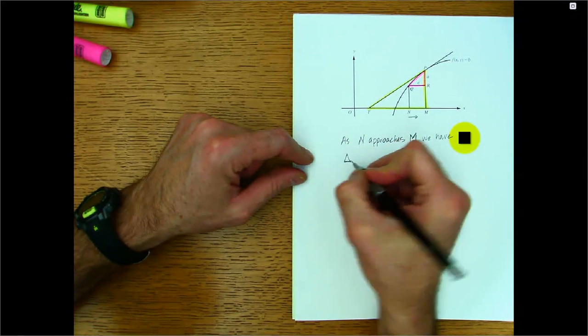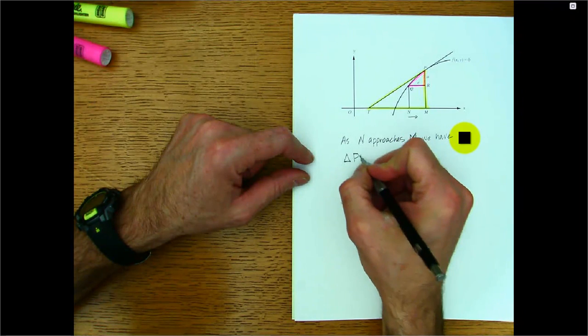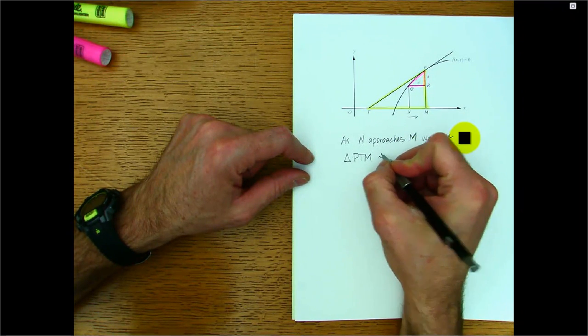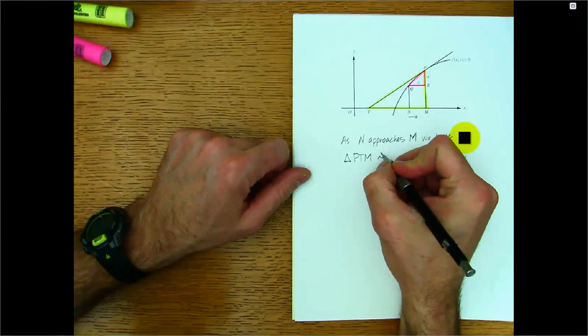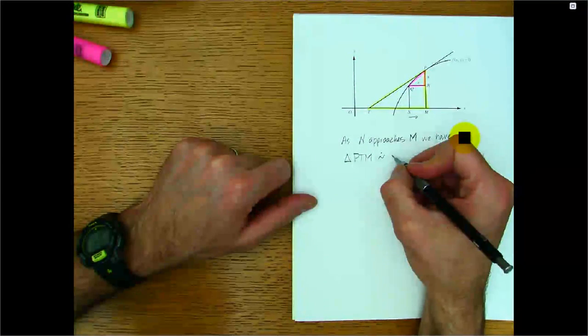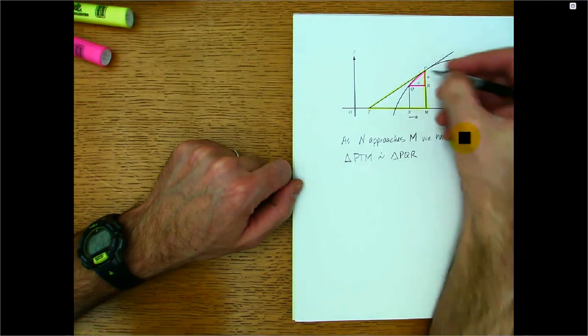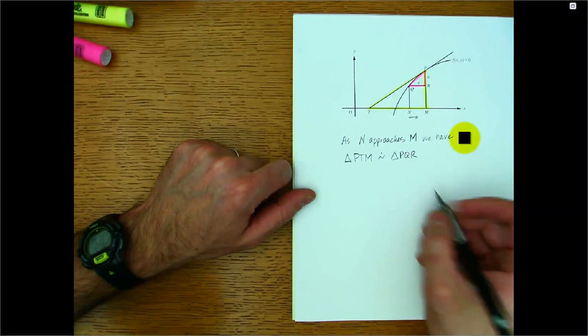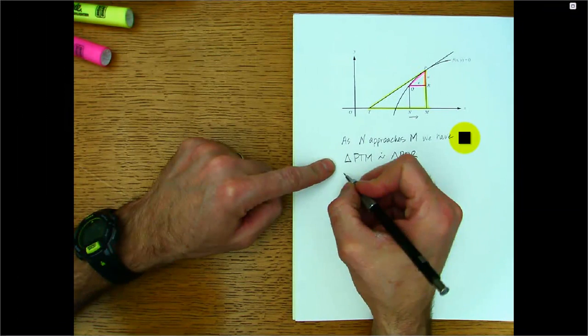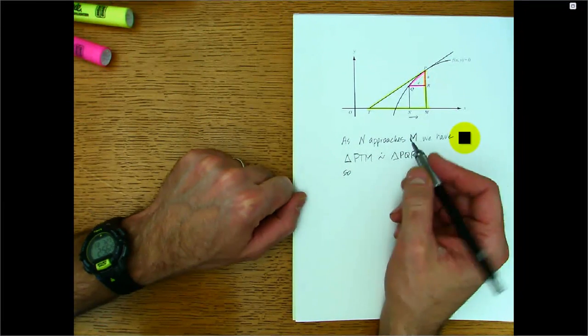He said that triangle PTM, this one, was approximately similar to triangle PQR, the pink one. And if that's the case, then when things are similar, we have sides in a common ratio.